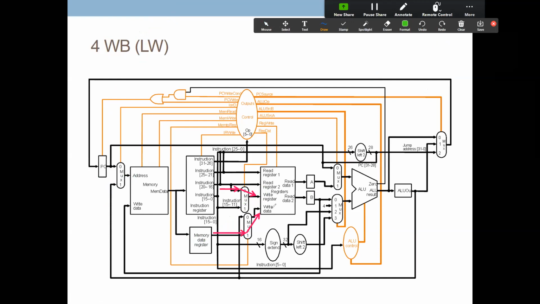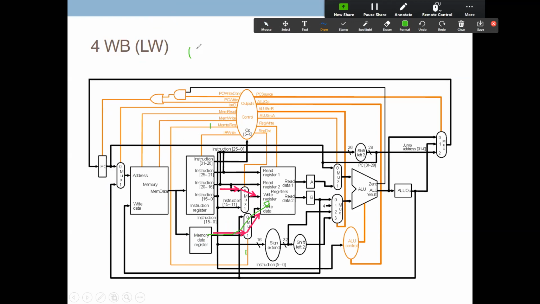We just need to write it to the register file. But now the value will come from the memory. So the memory to register has to be 1. Then the value is coming from the memory. So memory to register is true. This is a memory to register transfer. So we have to set memory to register to one.